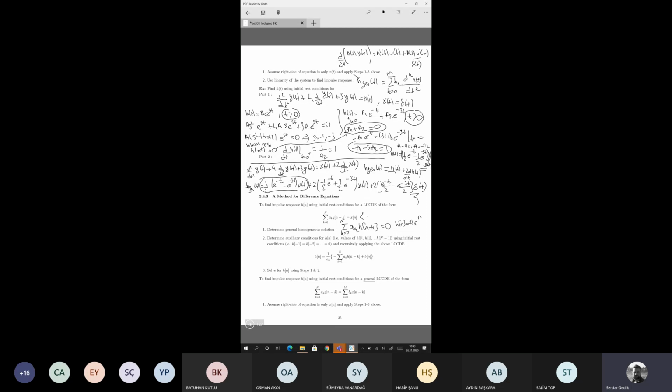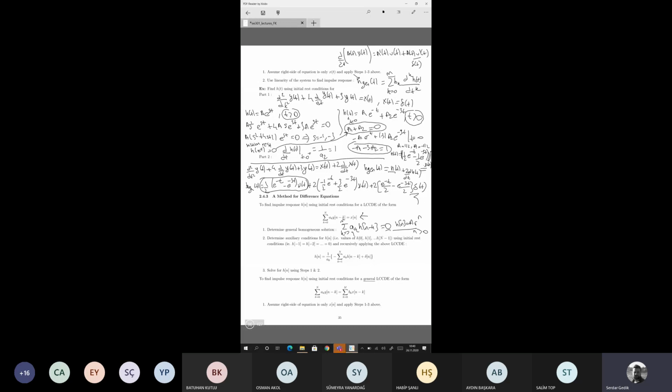It doesn't matter because the right hand side is 0, so you can divide everything by a_k and go on, or put it there. It's based on your preference. So to find the homogeneous solution, I assume that the right hand side is 0. I find the solution for summation k from 0 to n of a_k h of n minus k equal to 0, and I assume that h of n is in the form a times r to the power n, of course, for n larger than 0.